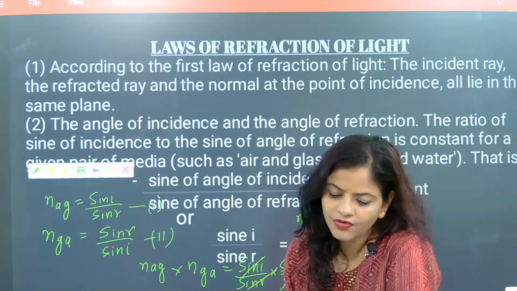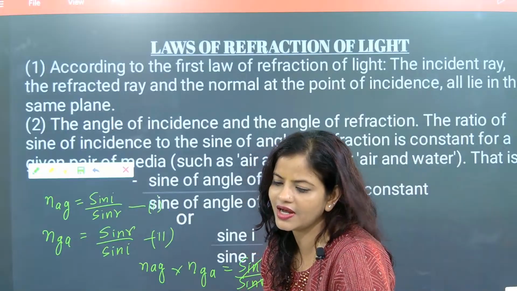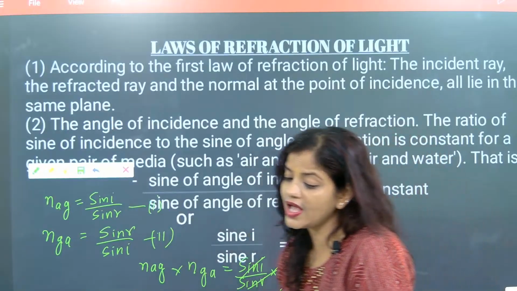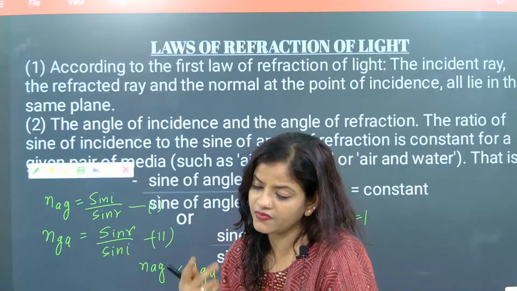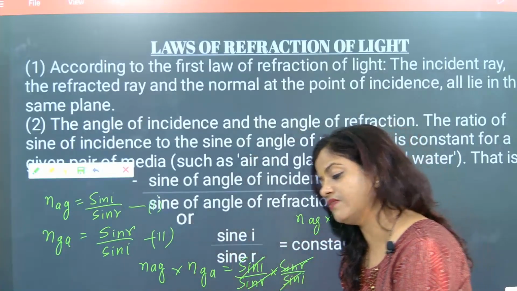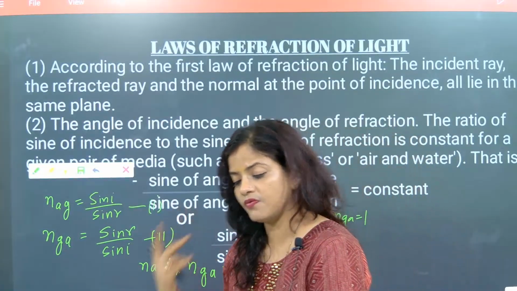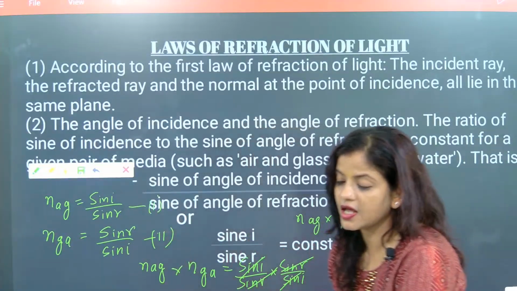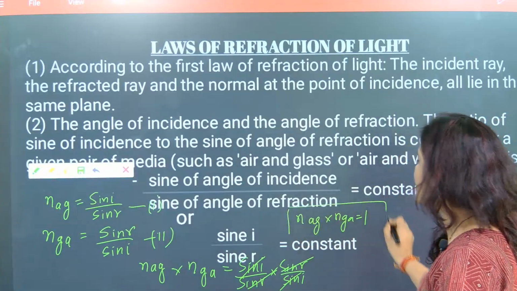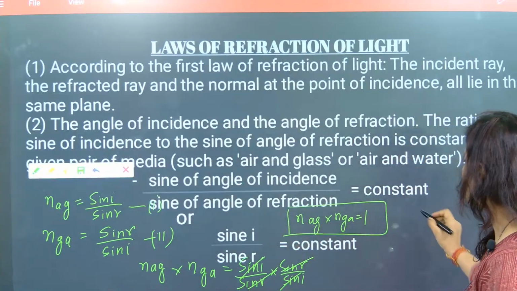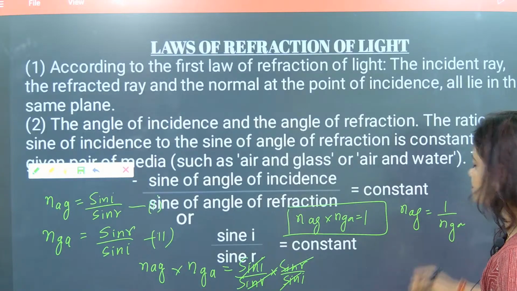So the value of refractive index, whenever you write sin i by sin r, it will be absolute. Only that is considered as absolute refractive index, and for absolute refractive index, one of the mediums we take as air. Another important point to be noted here: this will be the reciprocal of this.